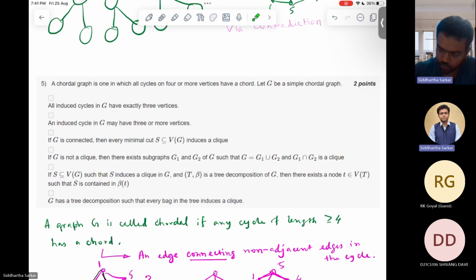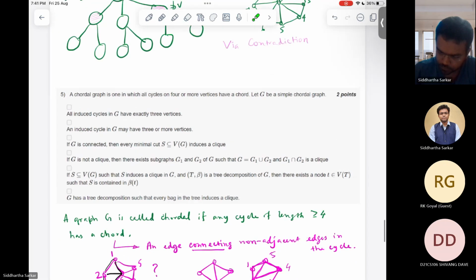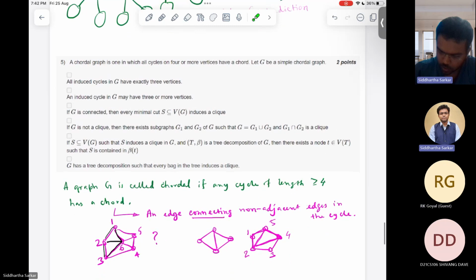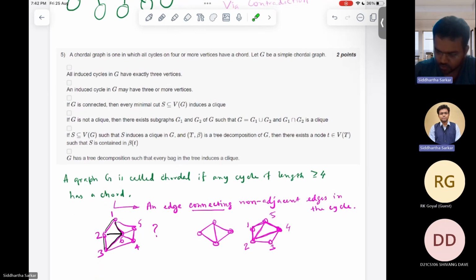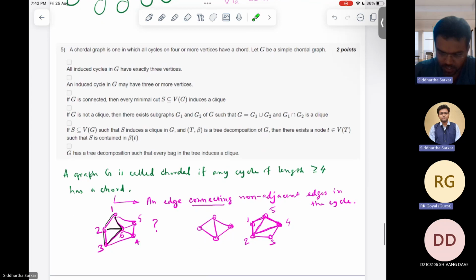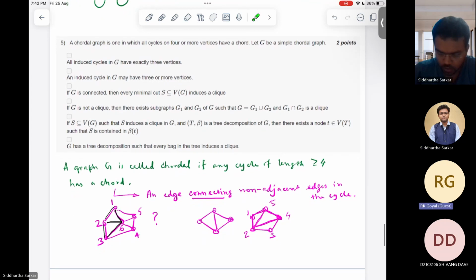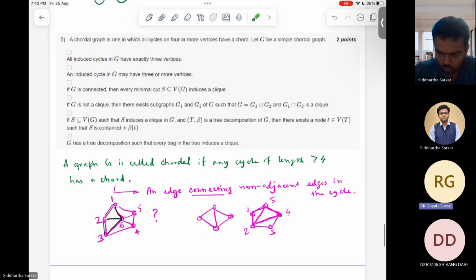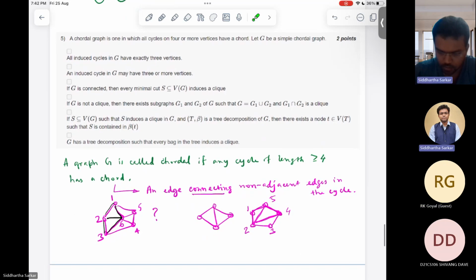So I'll just try to draw. Let us say, for the sake of contradiction, just tell me whenever you're not able to see. I'm moving slightly up. You're still able to see? Yes. This is the limit.